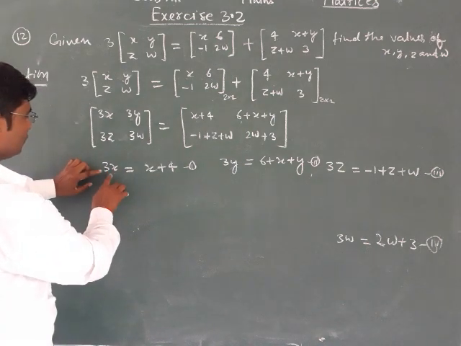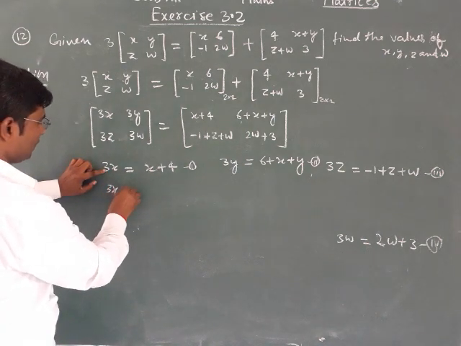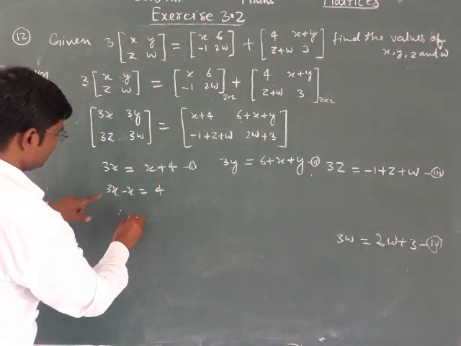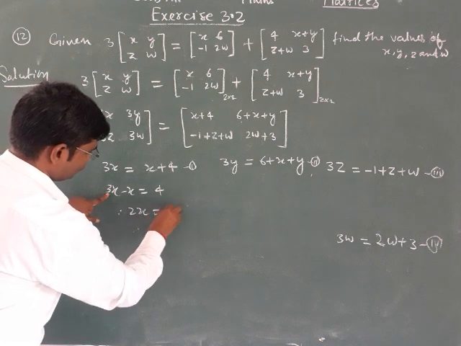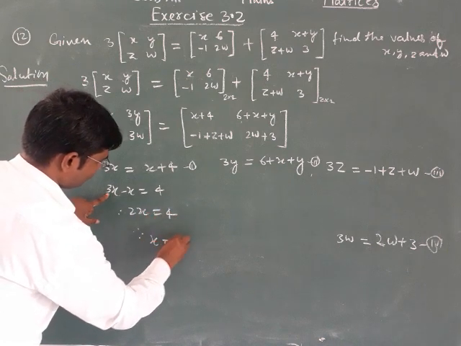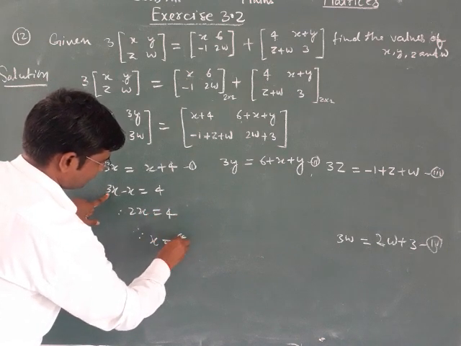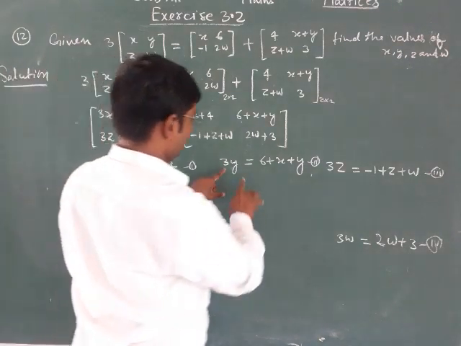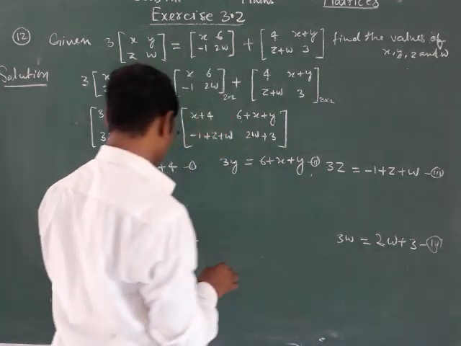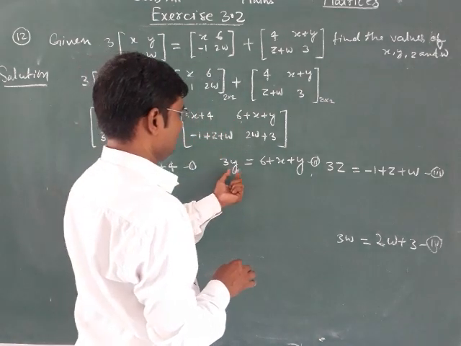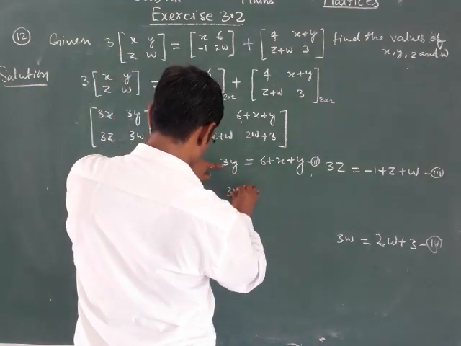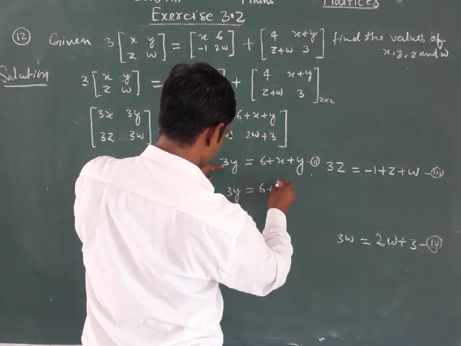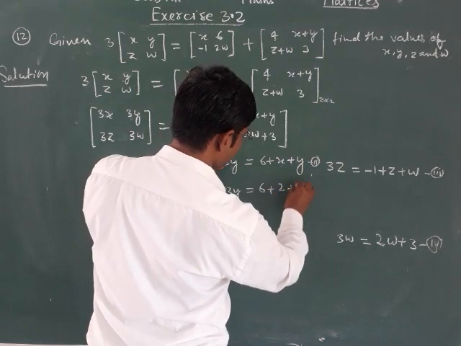Now 3x minus x is equal to 4. So 2x is equal to 4, therefore x is equal to 4 upon 2, which is 2. x is equal to 2. Now solve the next by putting the x value here. 3y is equal to 6 plus x, that is 2, plus y.